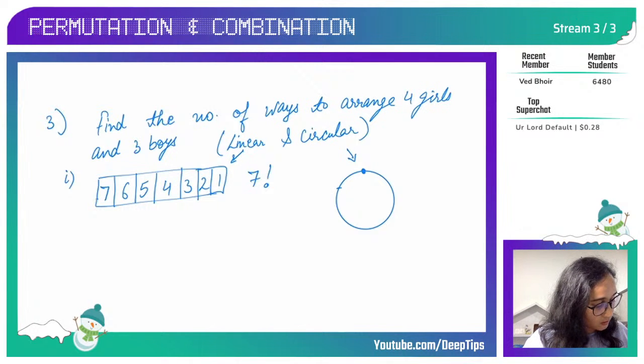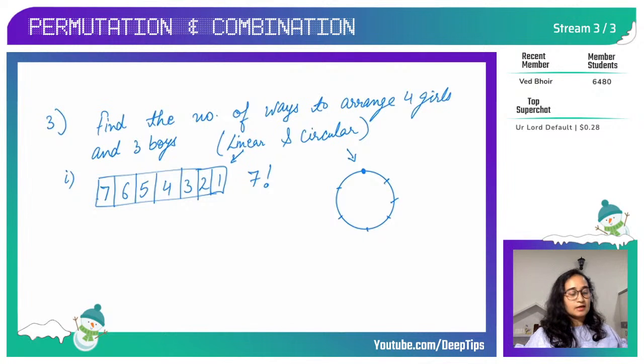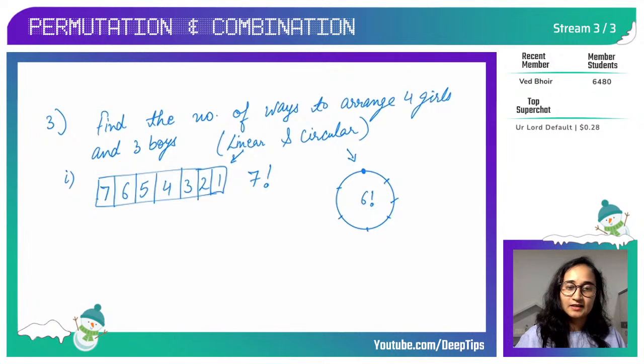So the remaining 6 children can arrange themselves in 6 factorial ways. So this is my number of ways for circular arrangement, which is definitely less than the linear arrangement. The reason is, for circular arrangement there is no starting and end. That's why we need to fix 1 place, and that's why our factorial decreases by 1 value. But in case of linear arrangement, there is a distinct starting and ending, so that's why we take the n factorial.